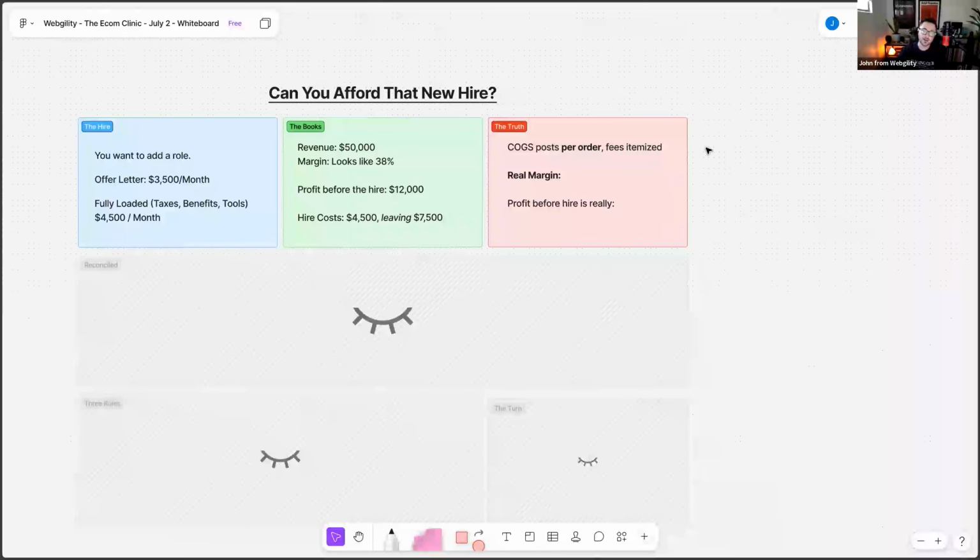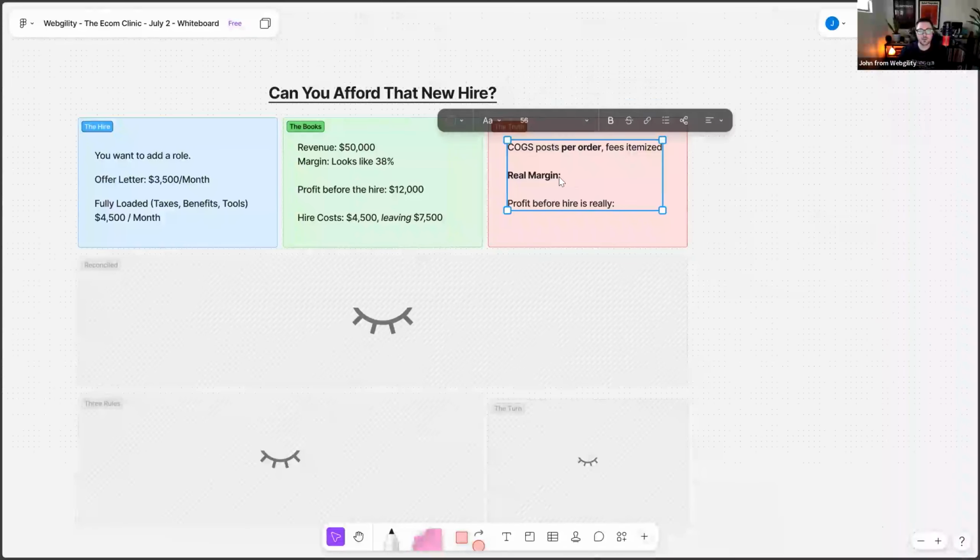So you should have everything itemized to understand exactly within that deposit, within that reconciliation, what the real margin is at the end of the day. So your real margin might end up being 19%. This is something we've covered in a couple past sessions, talking about how to calculate your real margin. And really, all of these sessions contribute to that real margin, right?